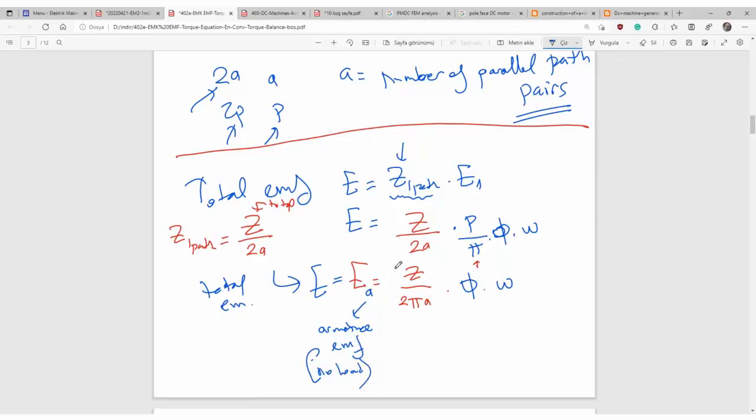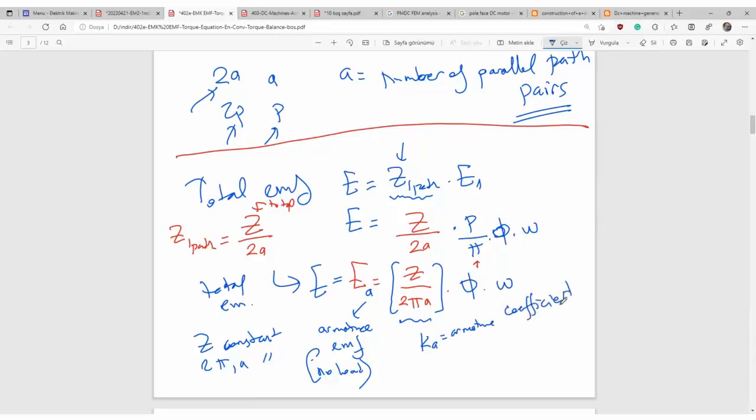Now, here you see a coefficient. When you manufacture a machine, Z is constant. When you wind up the machine, Z is constant. And then 2 pi A, again constant. So this coefficient is called Ka, the armature coefficient.